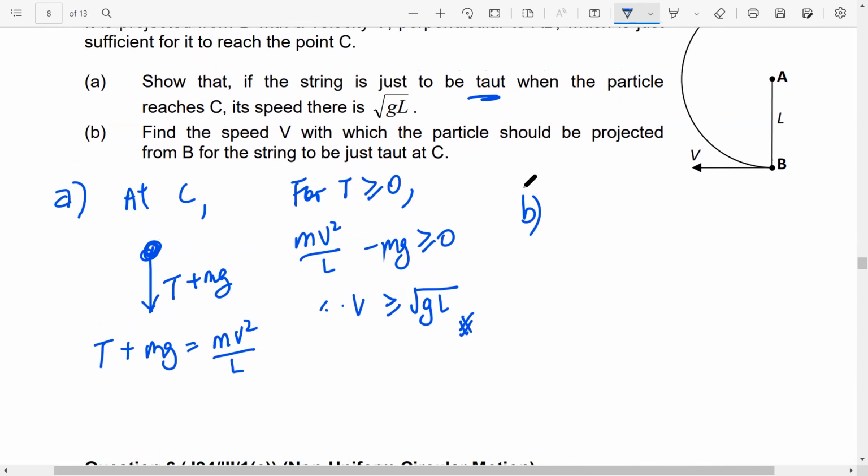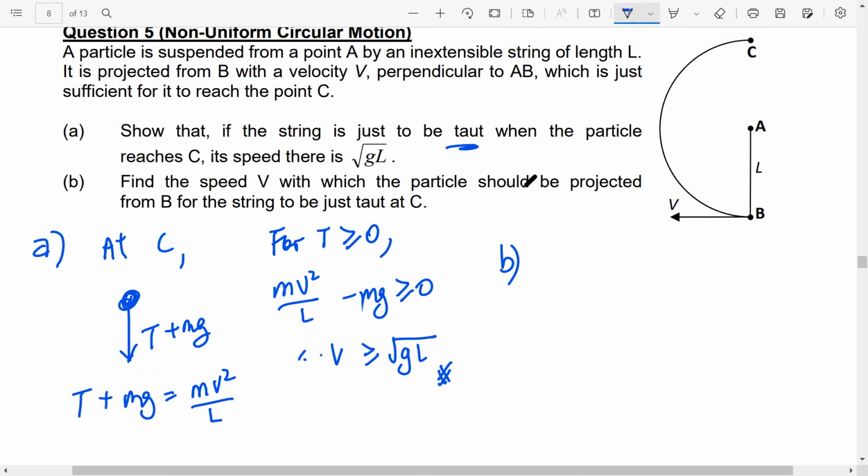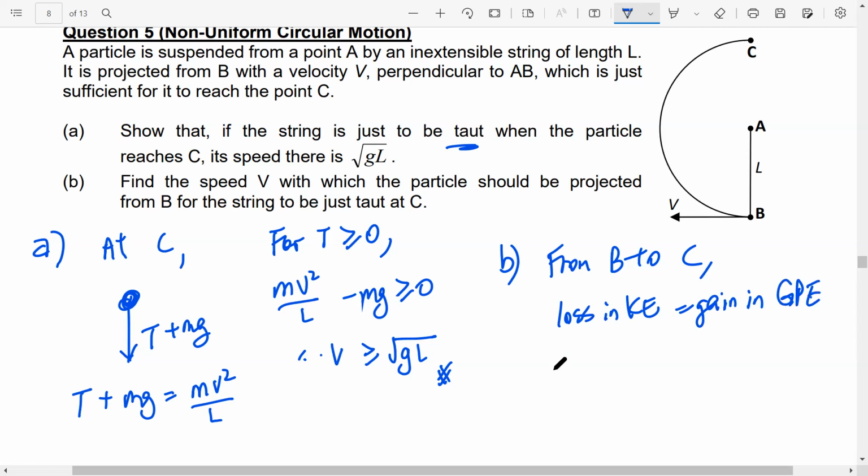Find a speed v for which the particle should be projected for it to be just taut at C. Same thing, we are going to do conservation of energy. So from B to C, there's a loss in KE equals gain in GPE. Loss again is going to be the initial minus the final.